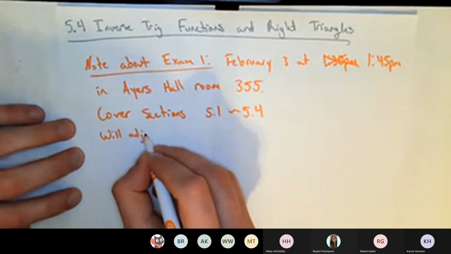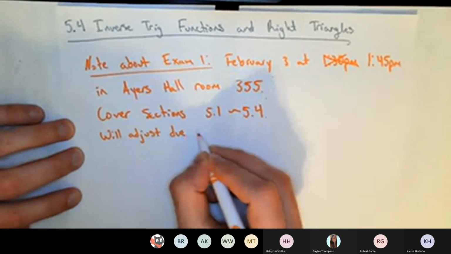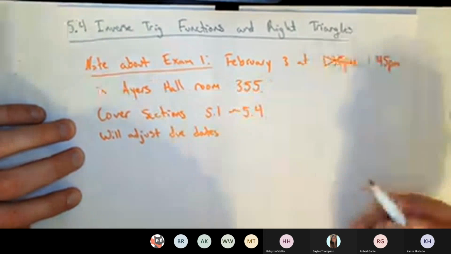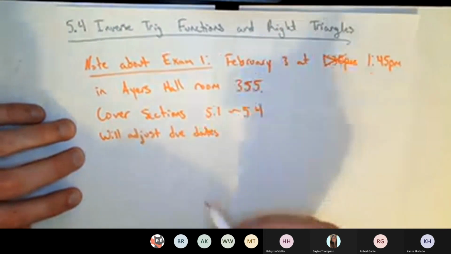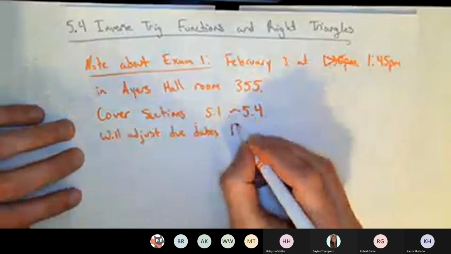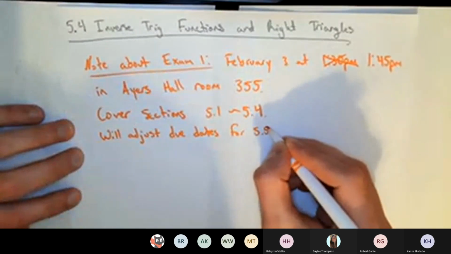So I will adjust due dates, because right now 5.5 and 5.6 are due on the 3rd along with the rest of these. So I will adjust due dates for 5.5 and 5.6.